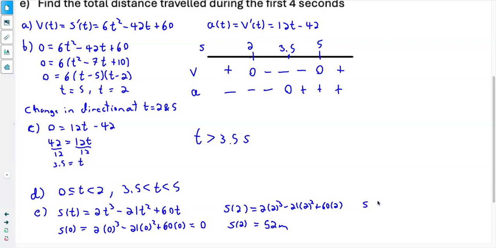So we're going to look at S of 4. So that's going to be 2 times 4 cubed minus 21 times 4 squared plus 60 times 4.